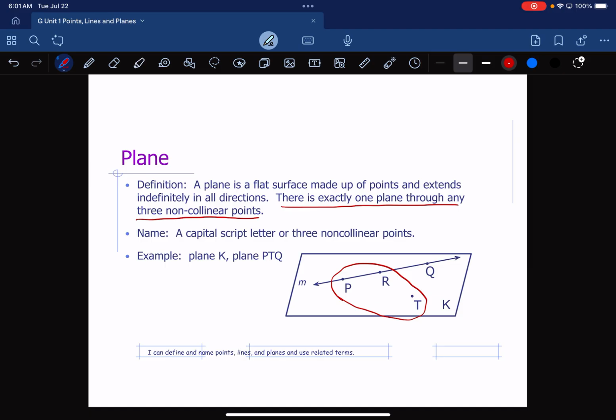So that's how we name a plane, and that's why we just talked about what non-collinear means. To name a plane, you have to use 3 non-collinear points. So I could call this plane PRT.